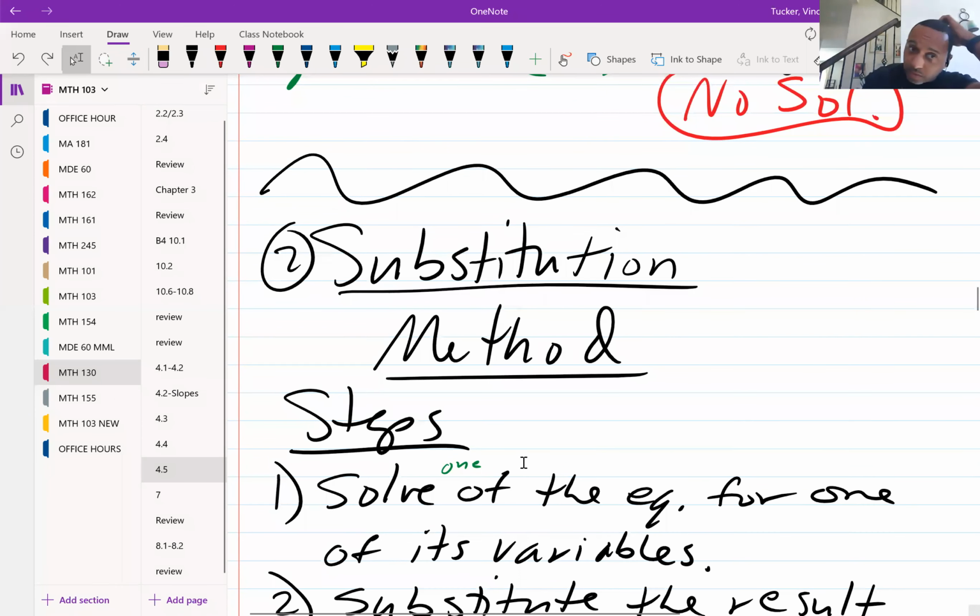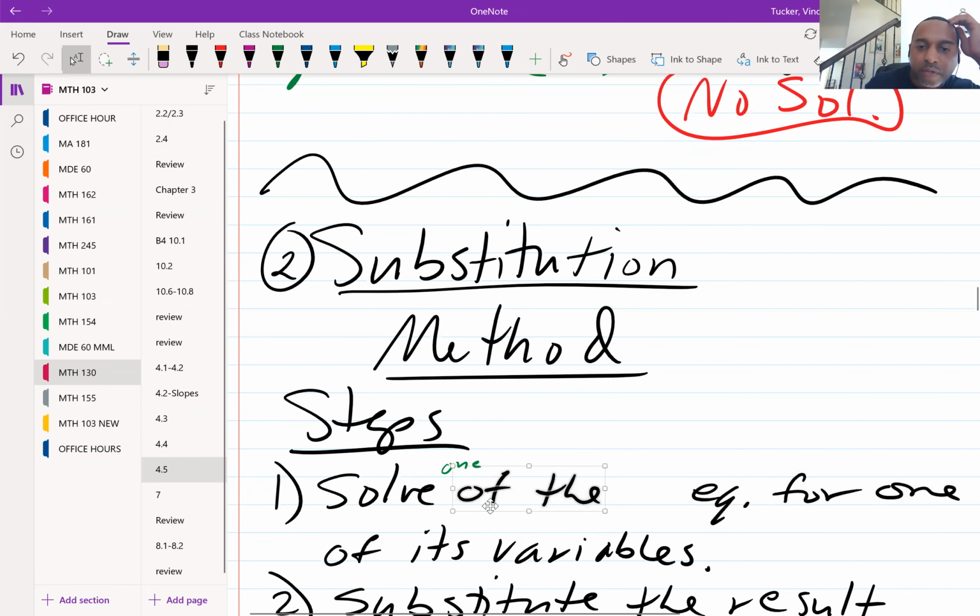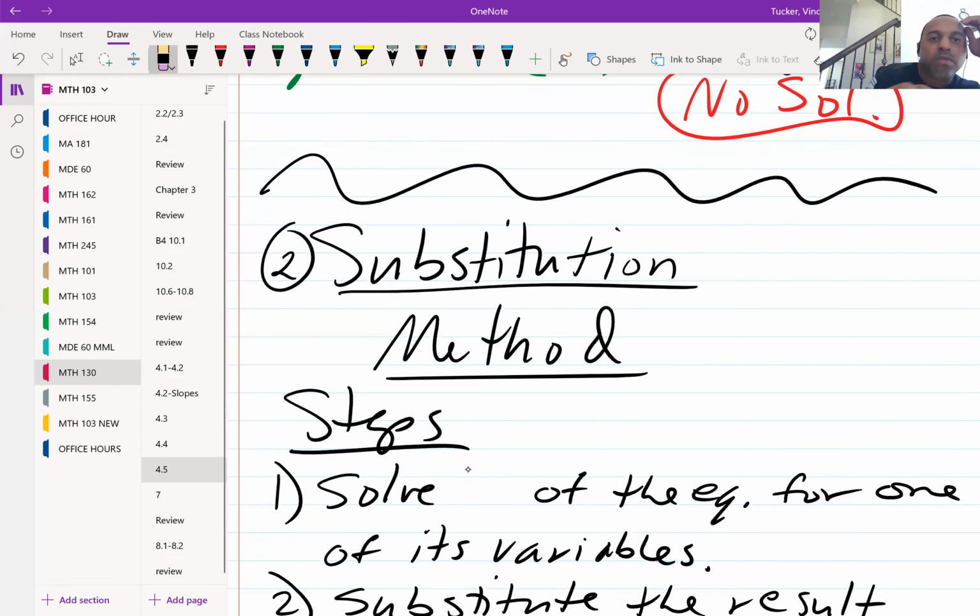All right, so substitution method, have some steps here, that if you follow the steps, should be all right. So we want to solve one of the equations for one of the variables.